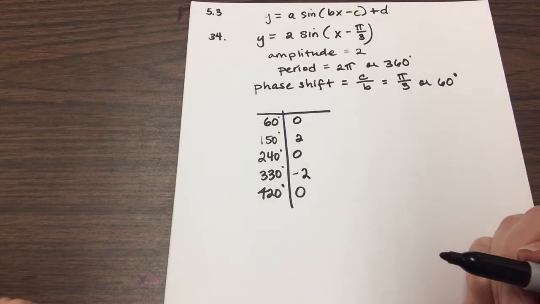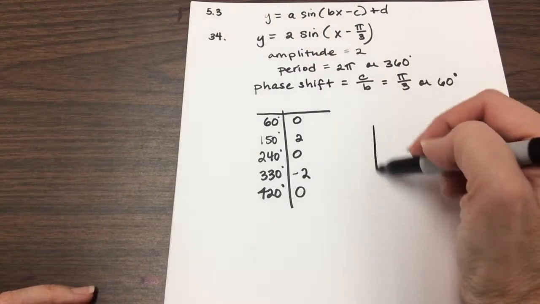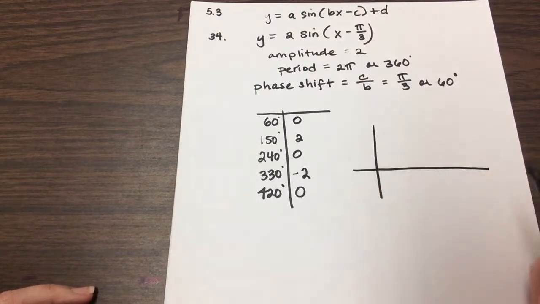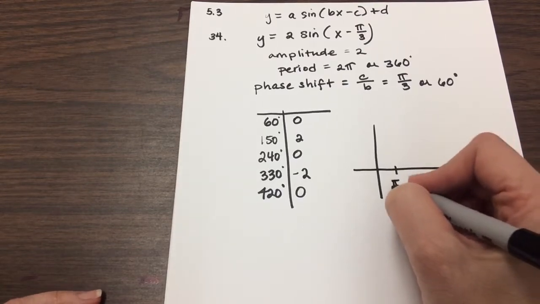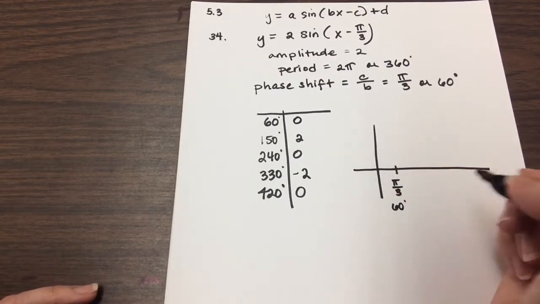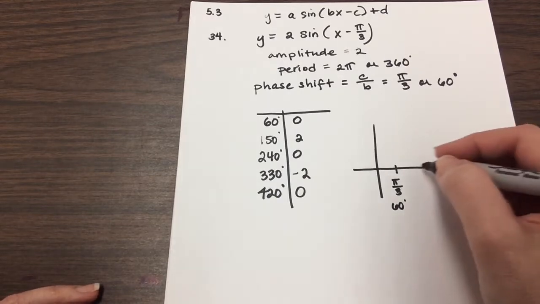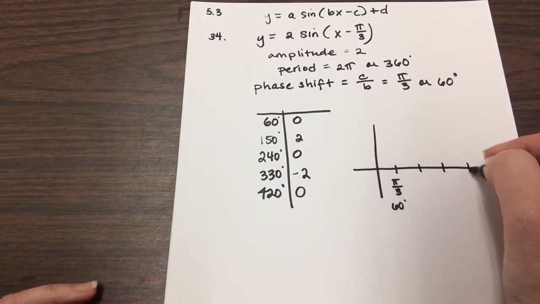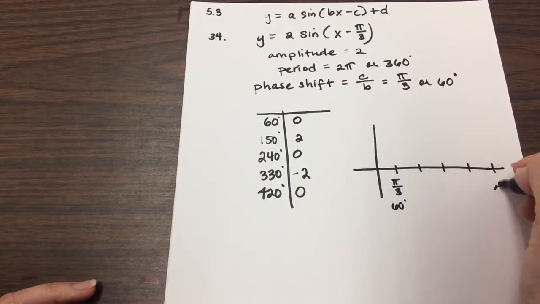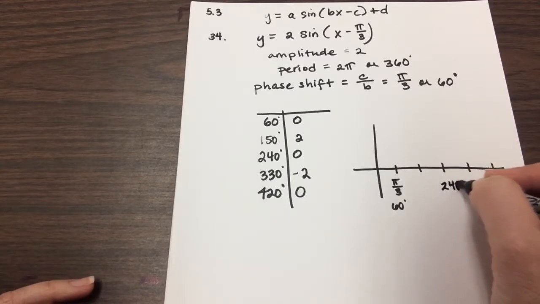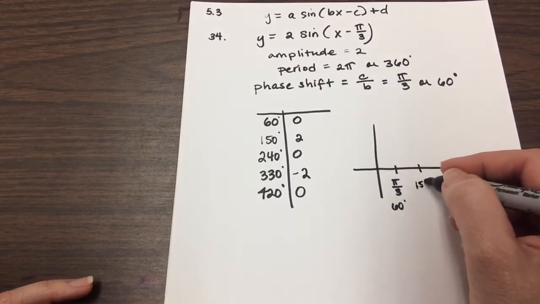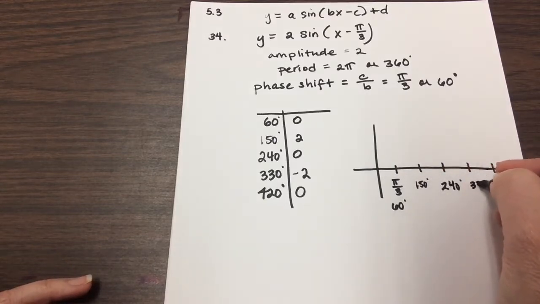Alright, so when I've got that, I've got those values right there. So I'm starting at pi over 3, or 60 degrees, however you want to do it. I'm going to 420, right? And I've got 240, I've got 150, I've got 330.